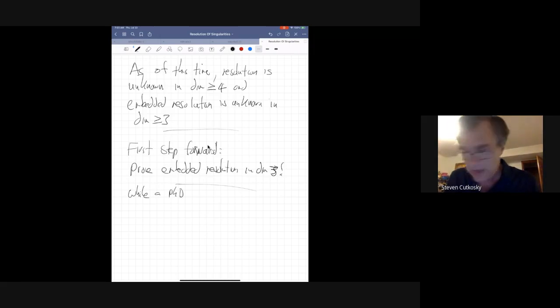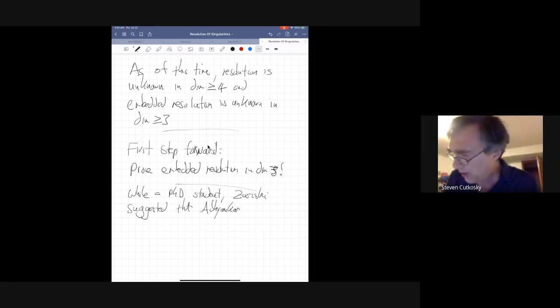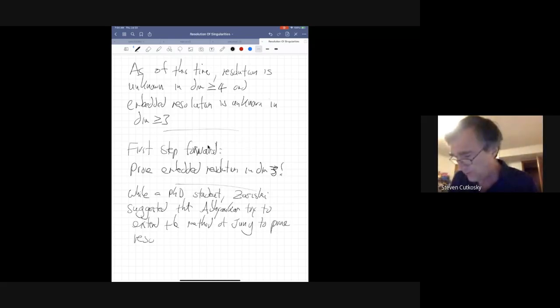While he was a PhD student, Zariski suggested that Abhyankar try to extend the method of Jung to prove resolution of singularities in positive characteristic.